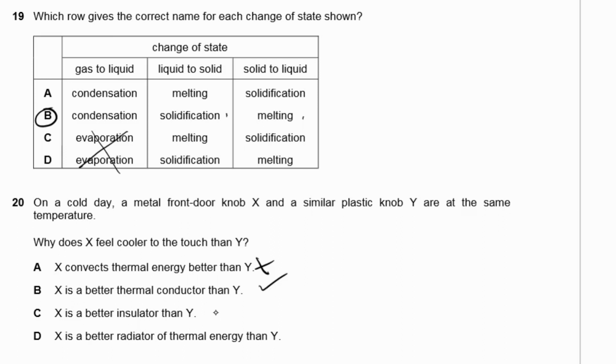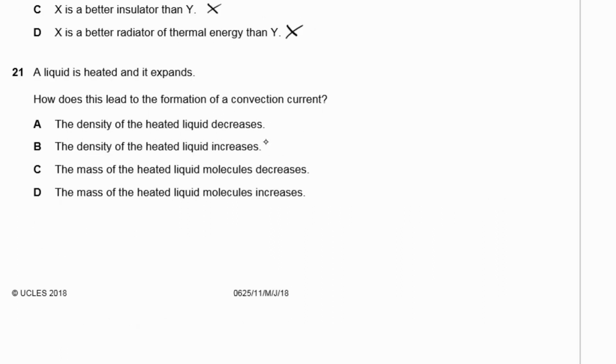C. X is a better insulator than Y. No, it's not. It's why your hand feels cold. And D. X is a better radiator of thermal energy than Y. Well, that would depend on the colour of it. It may well be a better one because it's metal, but no, the reason it specifically feels colder is because it's thermal conducting. It's not radiating heat away from your hand. So let's go with B here.